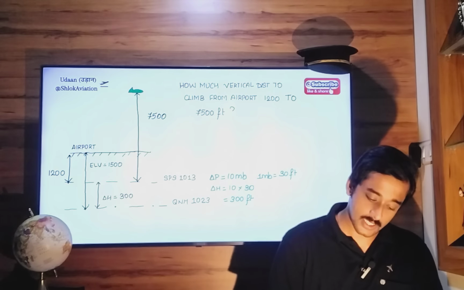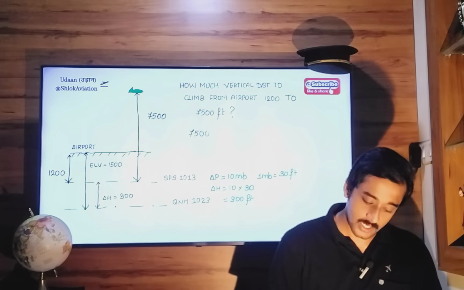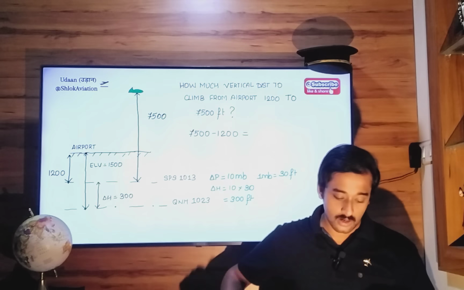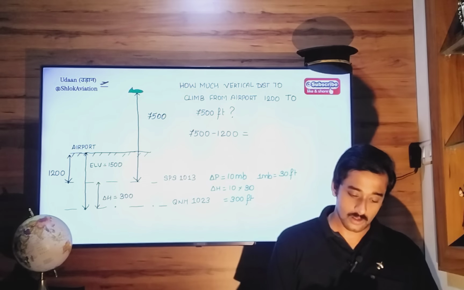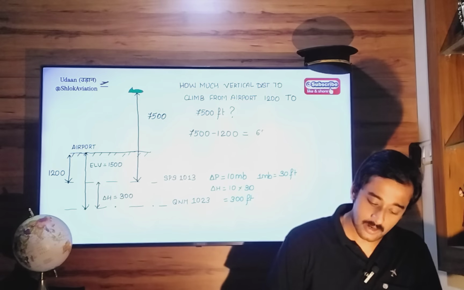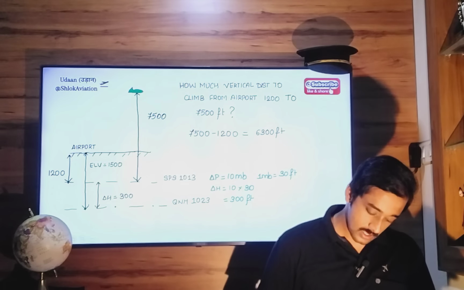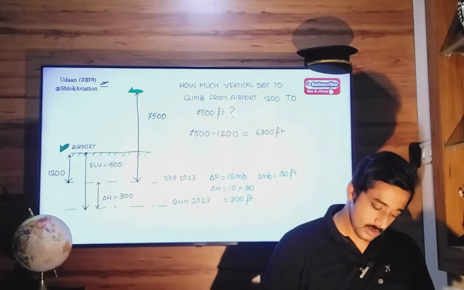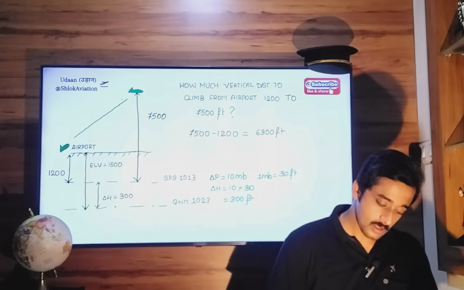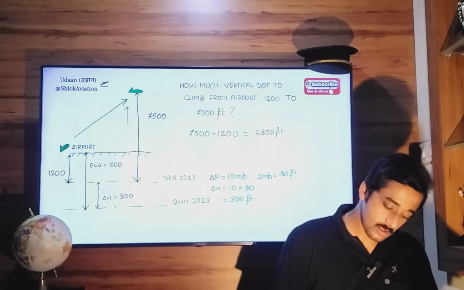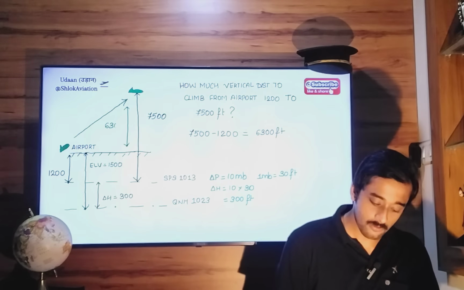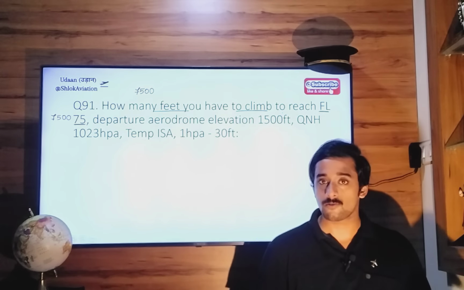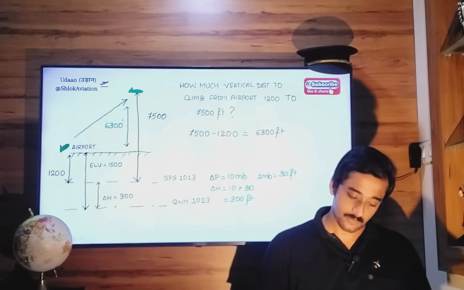So 7,500 minus 1,200, you will have to climb a total of 6,300 feet. So that much height or pressure altitude of flight level you will have to climb.